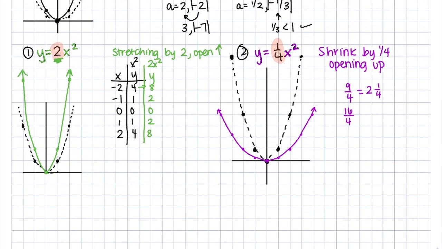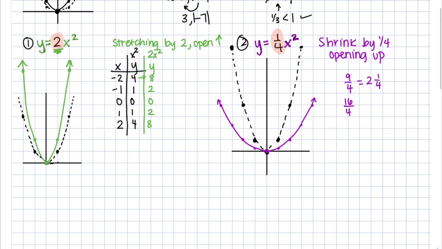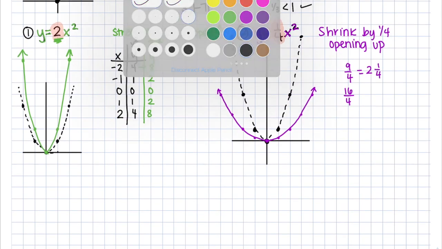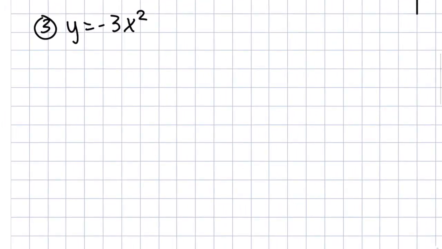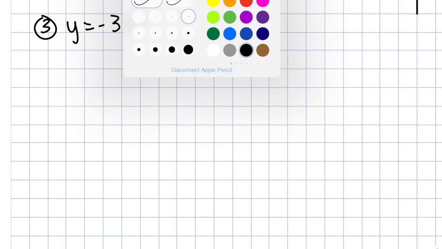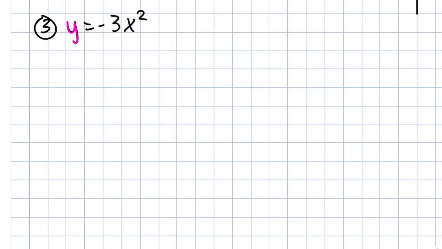Now let's try one where we are reflecting it. So let's, number 3, so we have y equals negative 3 x squared. So not only are we stretching it by 3, but we're also reflecting it.